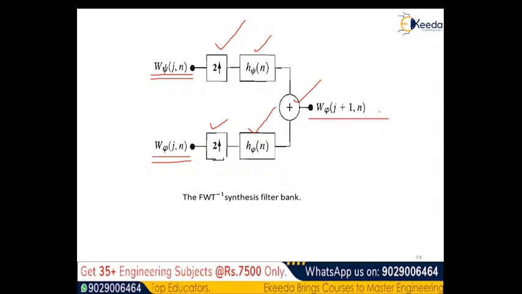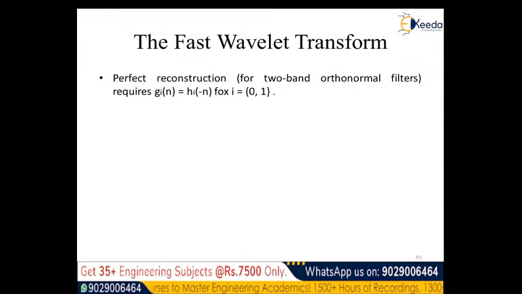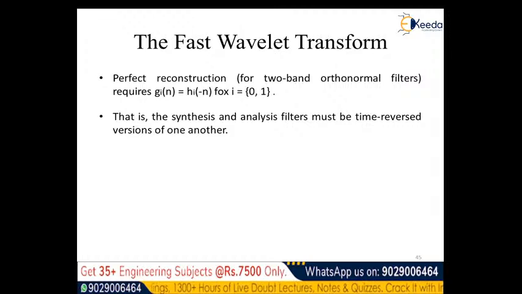As we see, the perfect reconstruction of the two band orthonormal functions requires the relation g_i(n) equal to h_i(-n) for the i value between 0 and 1. That is, the synthesis and analysis filters must be time reversed versions of one another here.